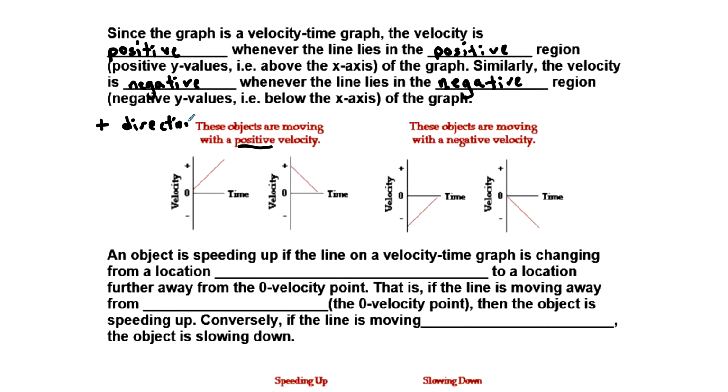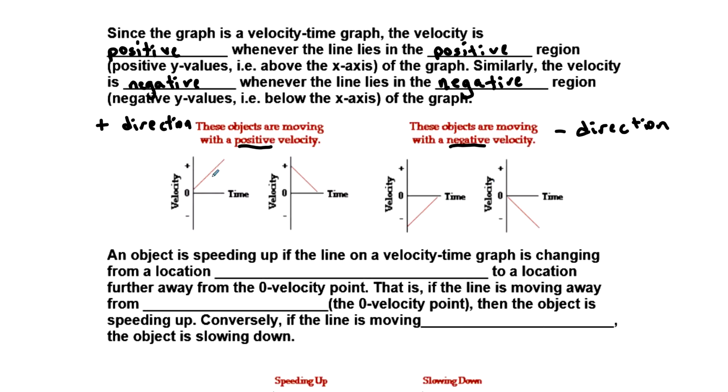So we've talked about positive and negative directions before. Positive directions could be north, east, right, up. Those are some positive directions, whereas a negative velocity simply means the object's going in the negative direction. So those directions would be south, west, left, and down.